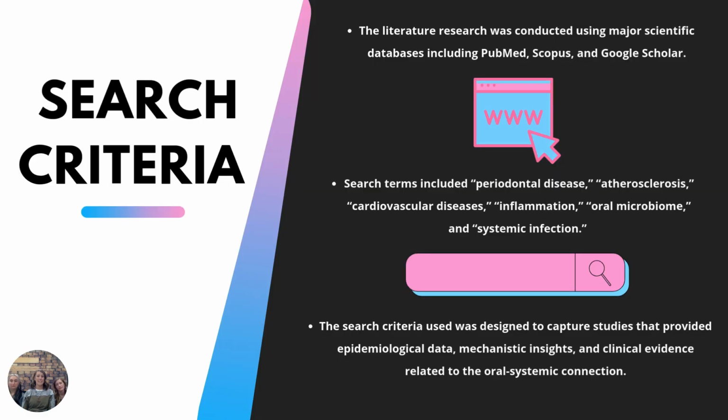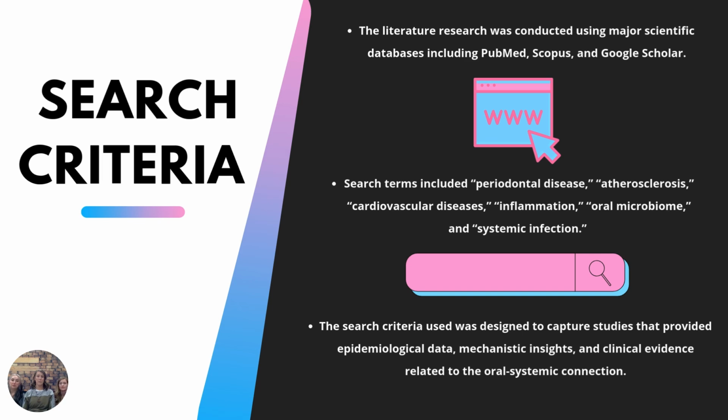The article didn't give us a step-by-step search strategy like you'd see in a systematic review, but it did reference over 60 different sources. These included randomized clinical trials, observational studies, and other review articles pulled from databases such as PubMed, Scopus, as well as Google Scholar. They focused on studies that looked at inflammation, immune response, oral microbiota, and biomarkers like CRP and interleukins in both periodontal and heart disease contexts.